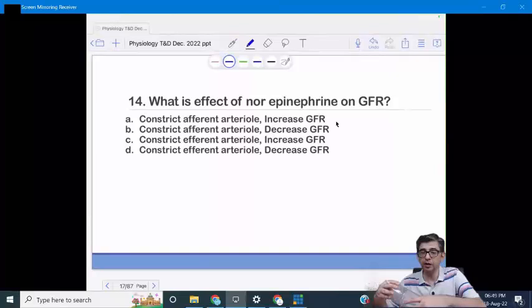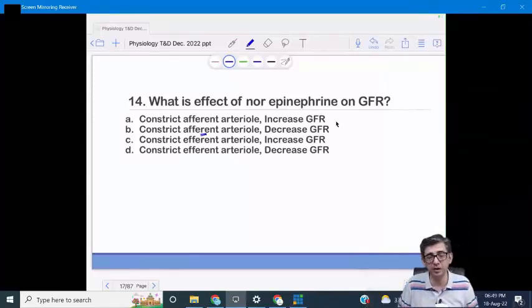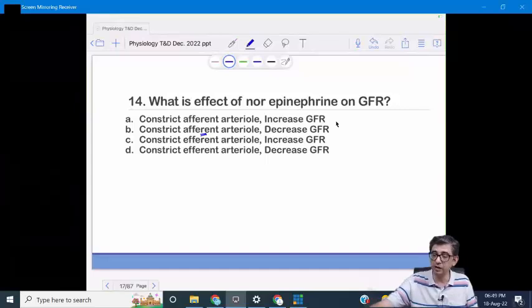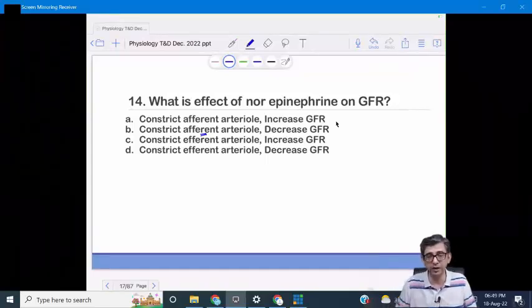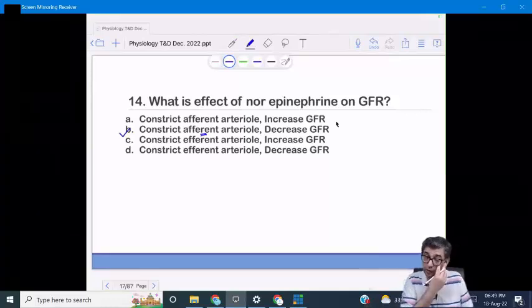But it has a disadvantage. The disadvantage is that norepinephrine constricts the efferent arteriole because it is a powerful vasoconstrictor. And if you constrict the efferent arteriole, the bad news will be it will cause a decrease in the glomerular filtration rate. The correct answer for question number 14 is option number beta.